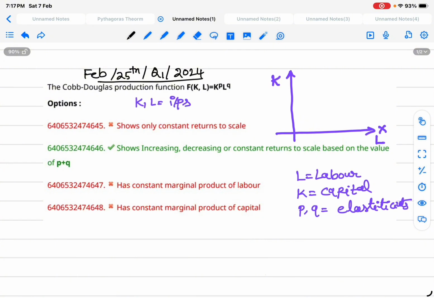So there is an isoquant like this. The Cobb-Douglas production function looks like this, and there is a slope.